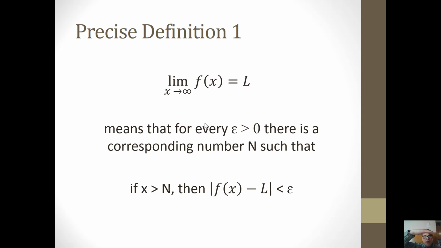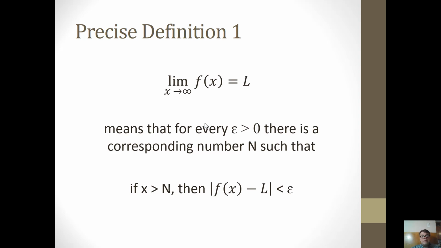There's always going to be some difference epsilon between the limit and where we are in x. No matter how high we go with the x, there's always going to be a little gap. If we take the function and subtract the limit, and take the absolute value of that, there's always going to be a little gap, and we're calling that little gap epsilon.